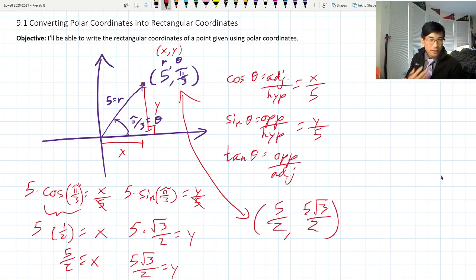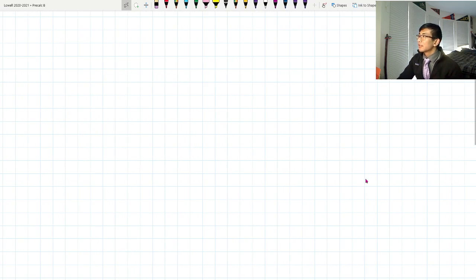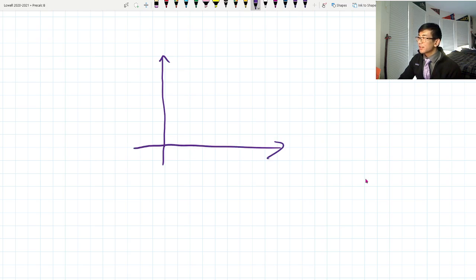We could generalize this process, as you might imagine. Again, I will do polar in purple. Oh, I didn't even think of that alliteration until right now. So if you have some point here, you have r and theta. In rectangular, that same point, we could write the point P represented with r comma theta.